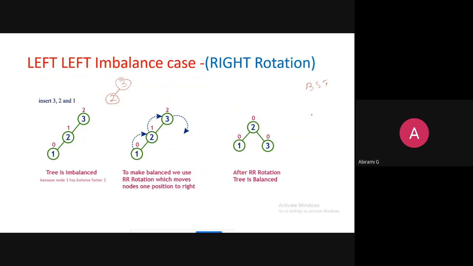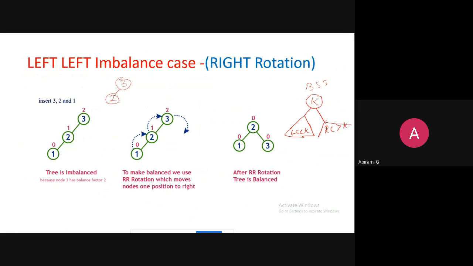Always the left child is less than the root. If K is a root node, then its left side is less than K, and its right child, the right subtree node, is greater than K. This we know.